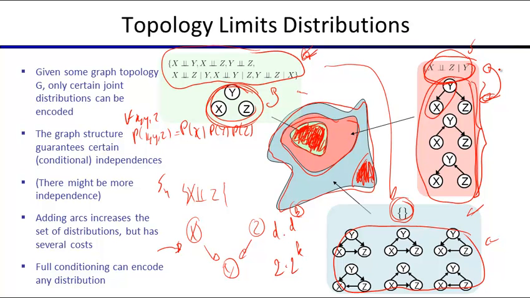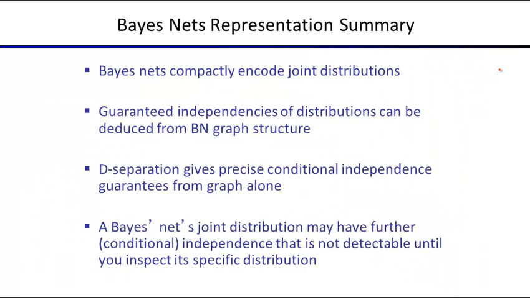So just to rephrase that so everybody can hear it clearly, the subset of distributions you're able to encode with the green set of assumptions is a subset of the set of distributions that you're able to encode with the red set of assumptions, which in turn is a subset of the distributions you can encode with the empty set of assumptions, the blue. Any other questions about this? Okay, then that wraps it up for representation.